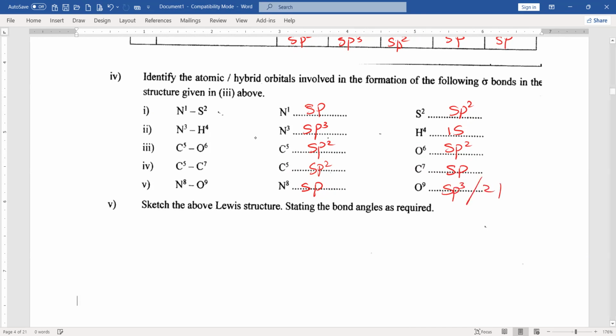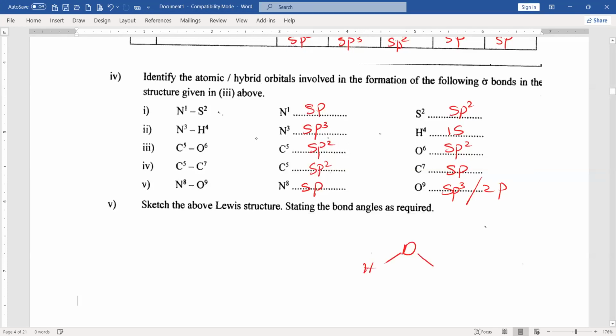Sometimes you can put it as 2p. Why? If a terminal atom is considered, then no need to consider the hybridization, because the hybridization concept is introduced only to find the shape around the atoms. But we know that terminal atoms don't have any structure.